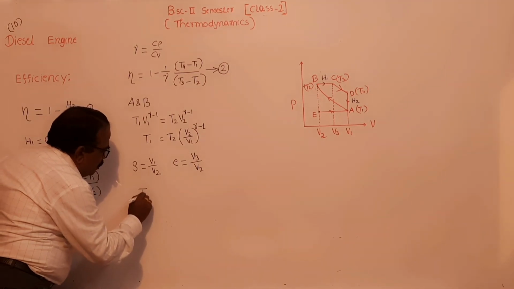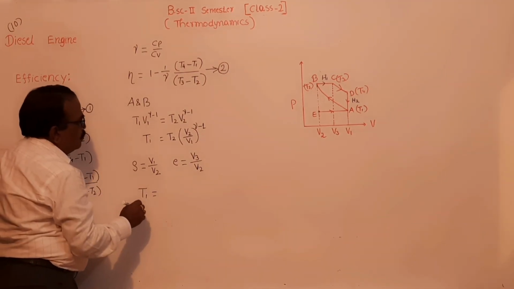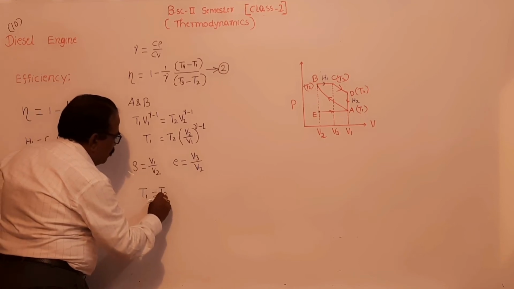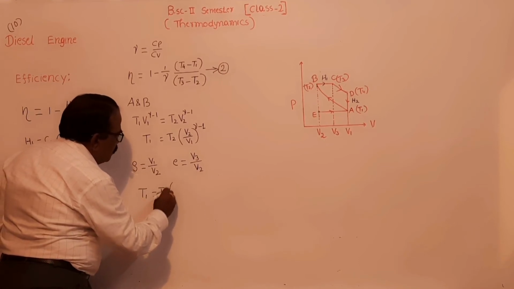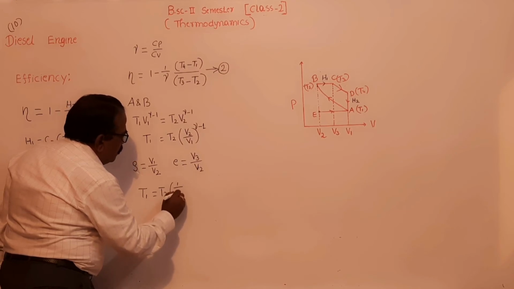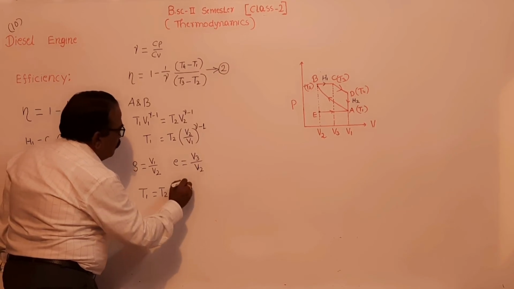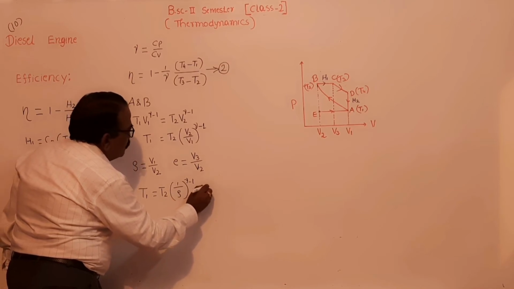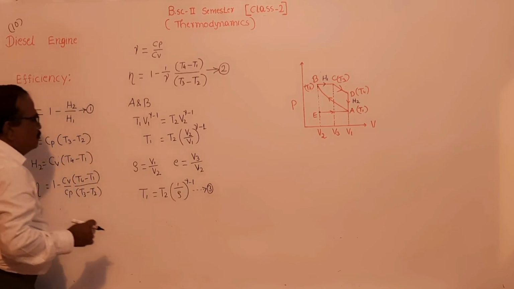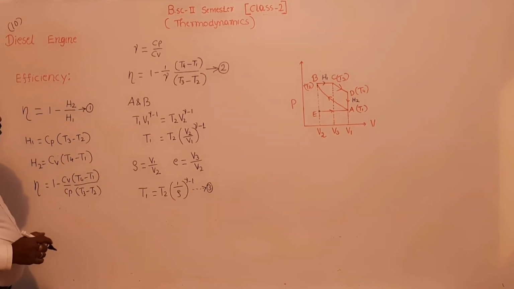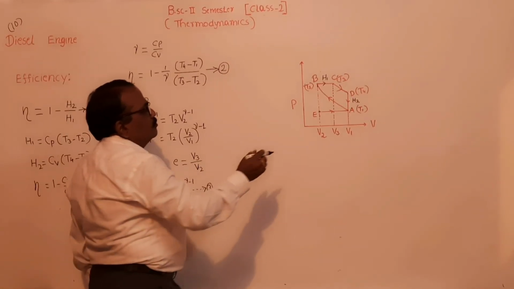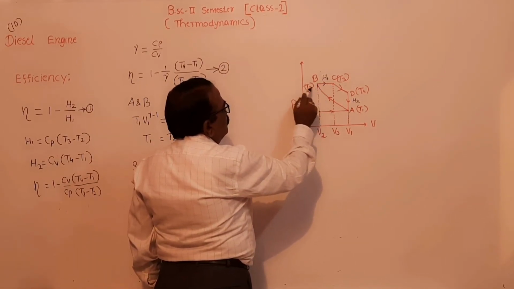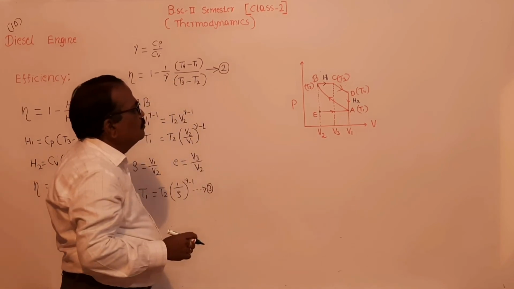Therefore your T1 is equal to T2 into 1 upon rho into nu minus 1. Call this equation as 3. Now I have applied the adiabatic ratio. So A to B. So B to C is pressure constant.